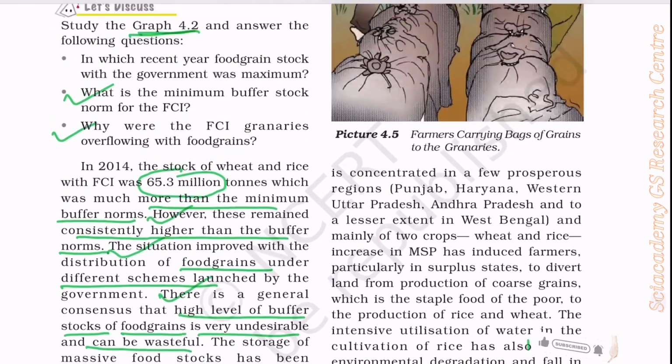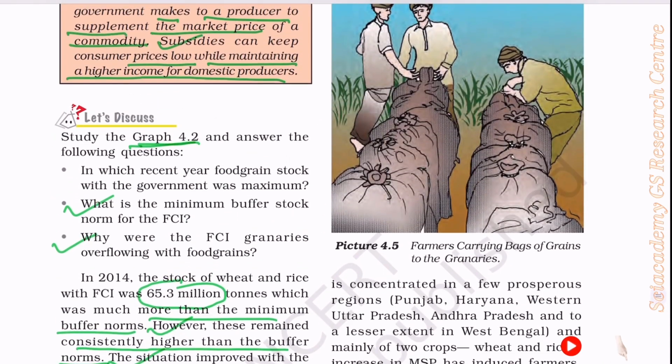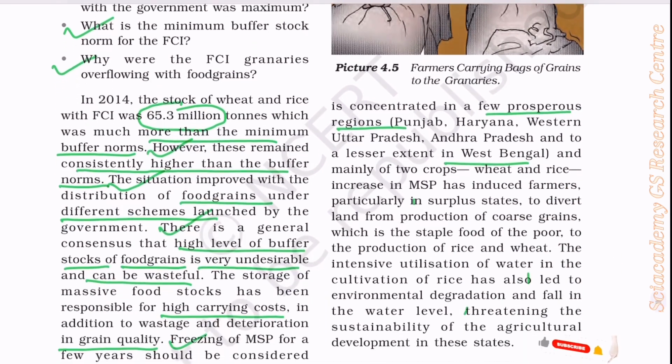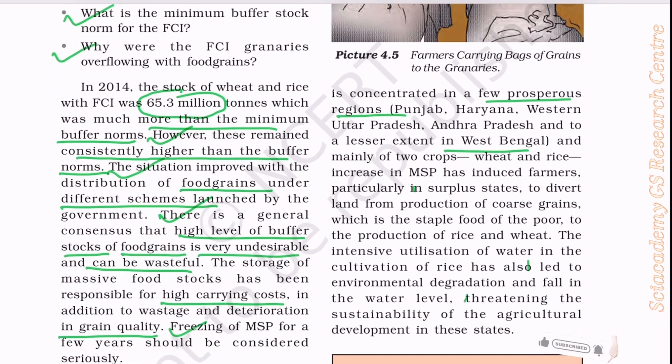Moreover, as the procurement is concentrated in a few prosperous regions like Punjab, Haryana, Western Uttar Pradesh, Andhra Pradesh, and to a lesser extent in West Bengal, and mainly of two crops, wheat and rice, increase in MSP has induced farmers, particularly in surplus states, to divert land from production of coarse grains, which is the staple food of the poor, to the production of rice and wheat.